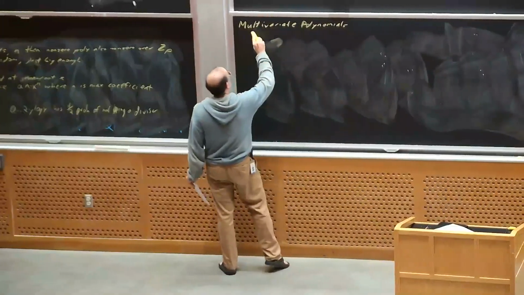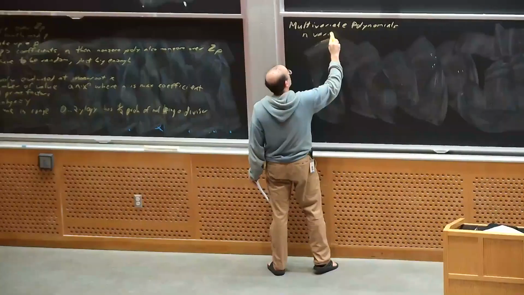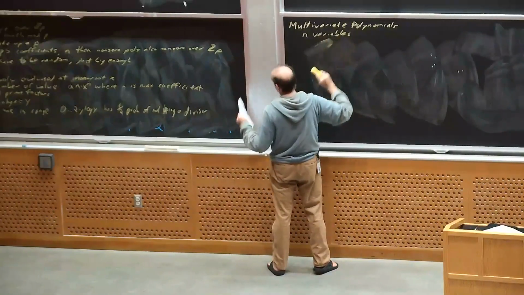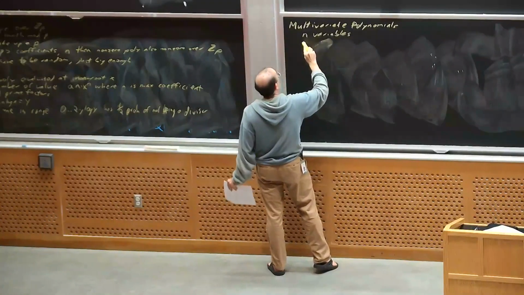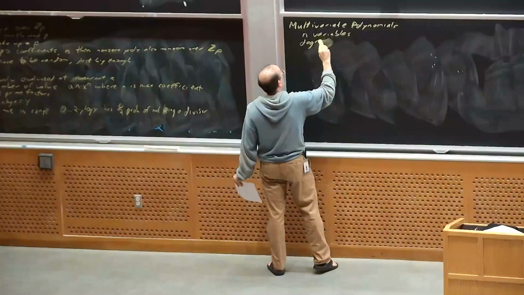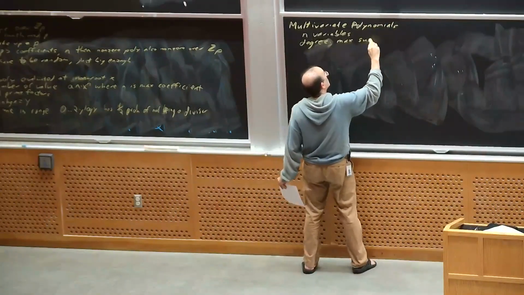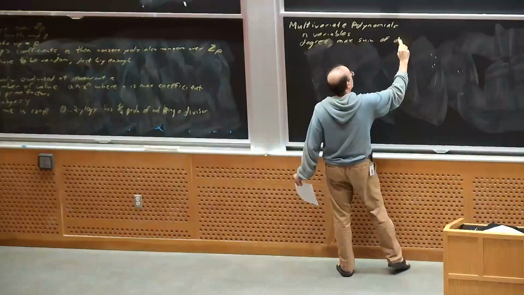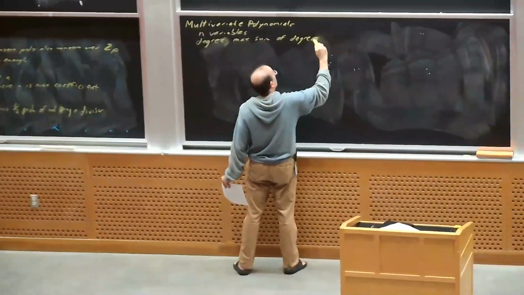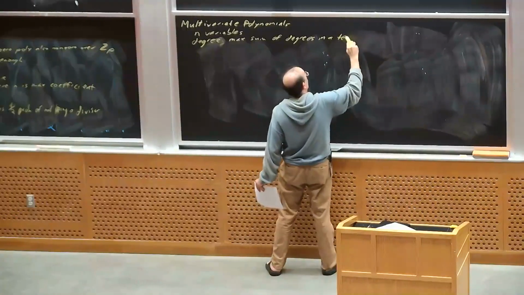So I'm going to talk about a multivariate polynomial, which is over n variables. And I'm going to define the degree of a polynomial to be the maximum sum of degrees in a term.